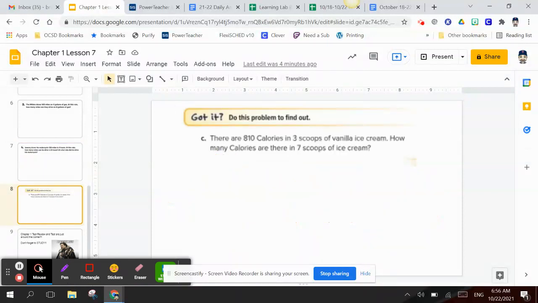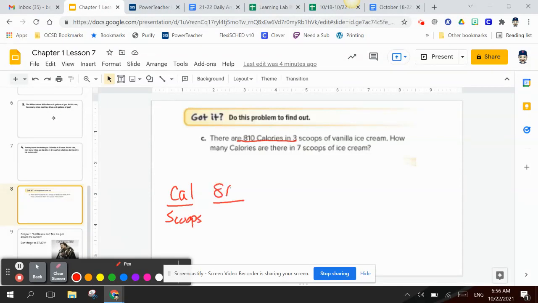So the last one is problem letter C. It says there are 810 calories in 3 scoops of vanilla ice cream. How many calories are there in 7 scoops? Ice cream, exactly what I like. It's my downfall. So if I have 810 calories in 3 scoops, so I have calories over scoops. I want to know how many calories there are in 7 scoops.